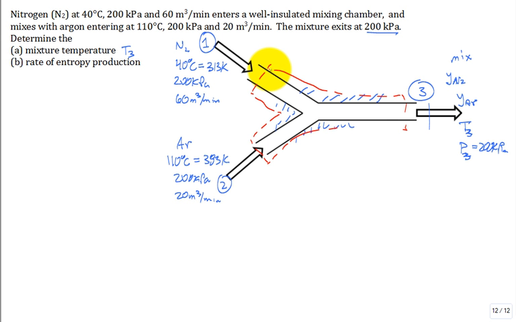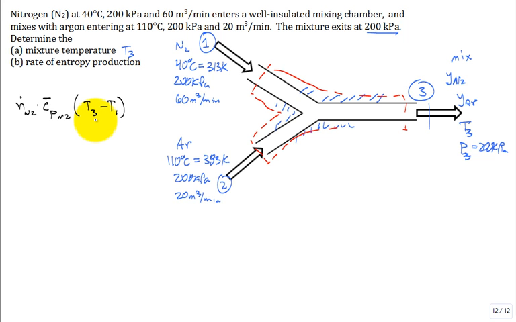I can play with the equations, a few steps in manipulating, but you should be getting good at something like this. I'm going to have the molar flow rate of the nitrogen times the specific heat at constant pressure on a molar basis of the nitrogen times T3 minus T1. It goes out hot, comes in cold.